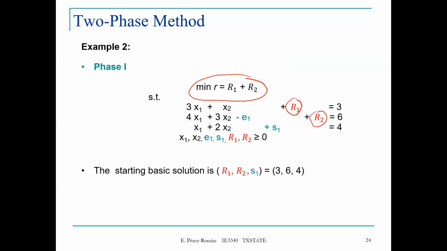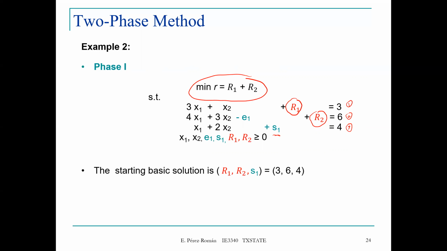For constraint number 3, we don't need an artificial variable because we already have the slack variable that can be used as part of the initial solution. So we only add two artificial variables, one for the constraint that was originally an equality, and the second for the constraint that has an excess variable, because we need the artificial variables to set up that initial solution.